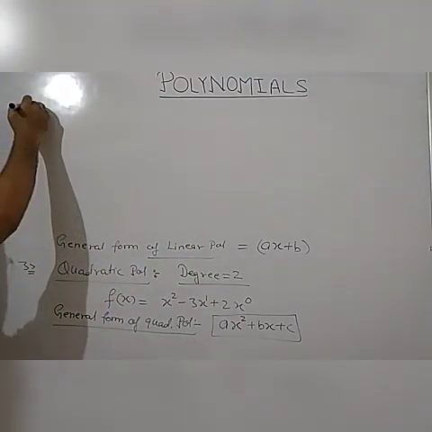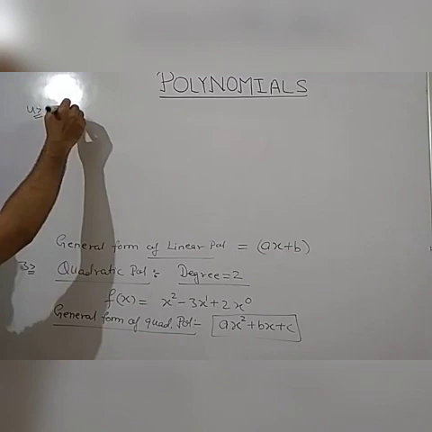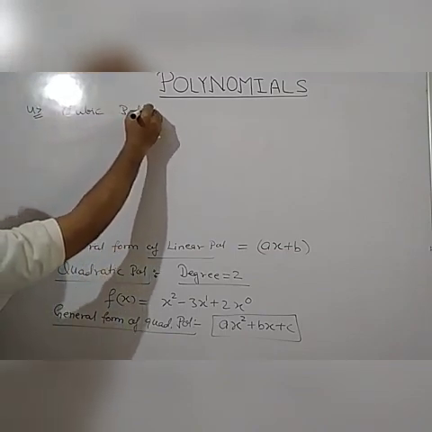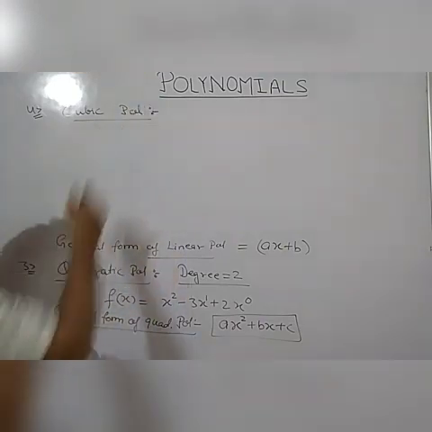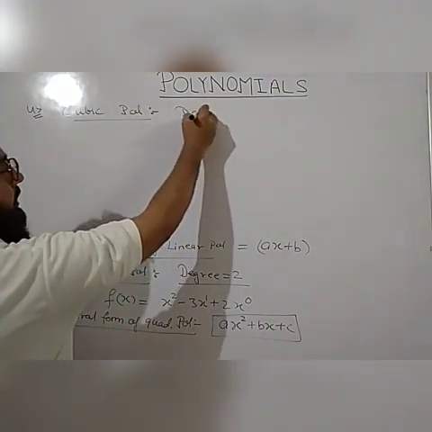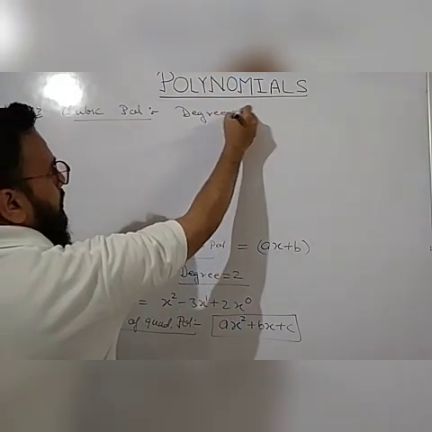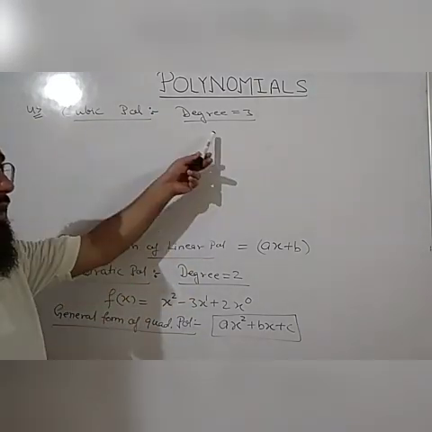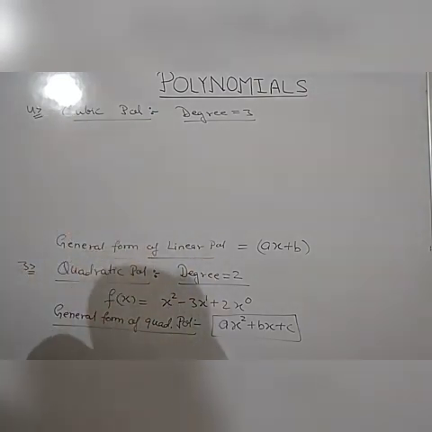The fourth type is cubic polynomial. So what is cubic polynomial? When degree is equal to 3. That means when highest power of x or variable is 3, then that polynomial is known as cubic polynomial.